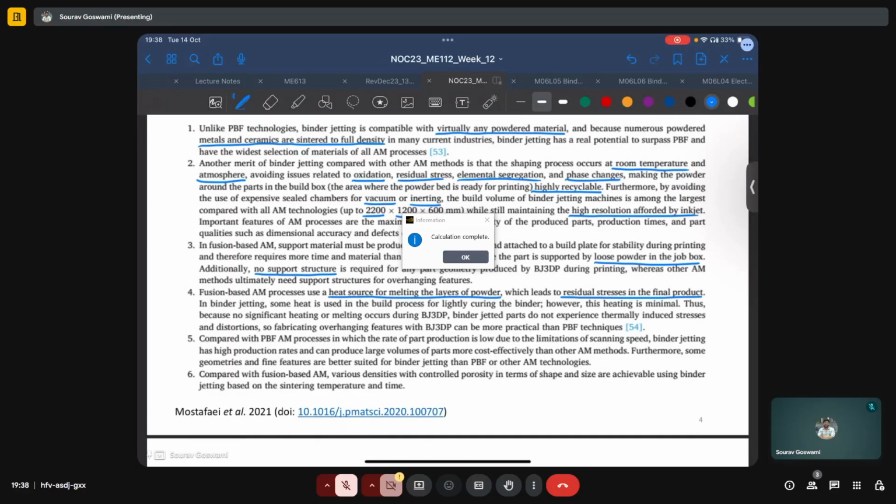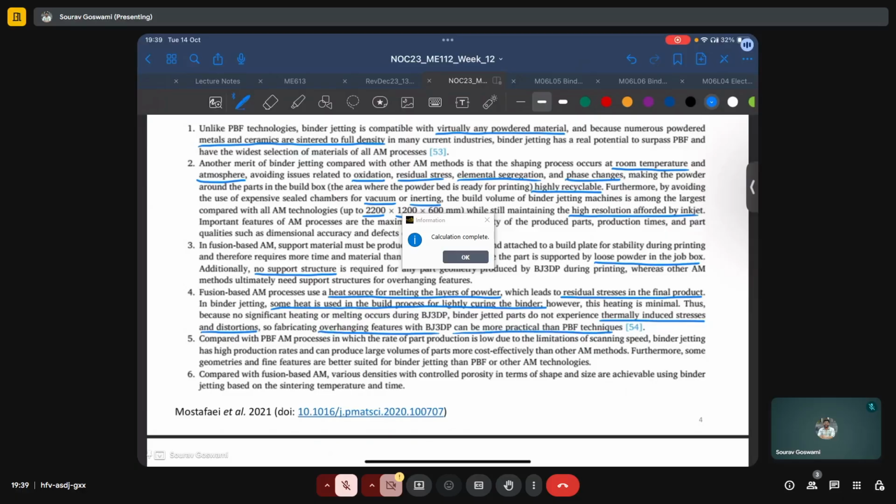In binder jetting, some heat is of course used during the post-processing and for lightly curing the binder, and because of the lack of significant heating or melting, binder jetted parts do not experience thermally induced stresses and distortions. Thus, fabricating overhanging features can be more practical.